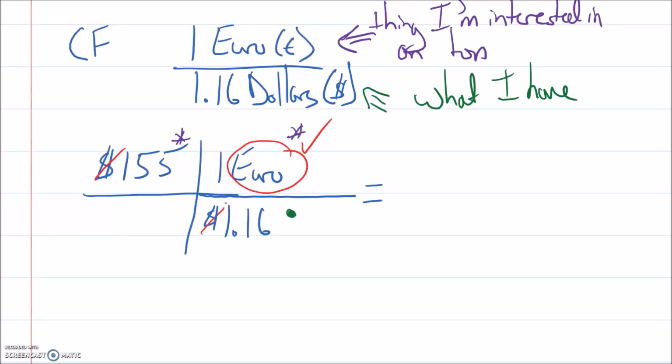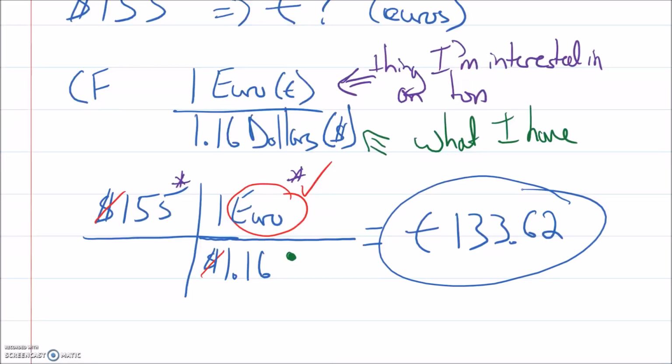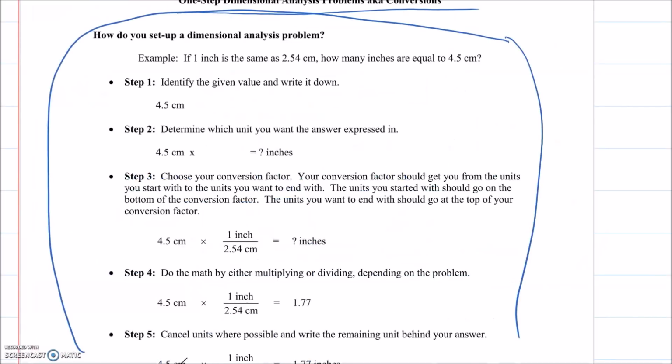So we divide by 1.16. 155 divided by 1.16 is 133.62 euros. So now what you're going to do is you're going to follow those exact same steps, but you're going to complete them in our conversions worksheet.